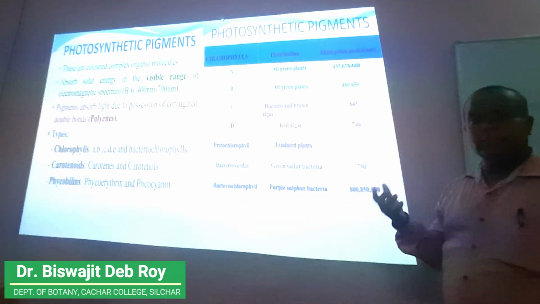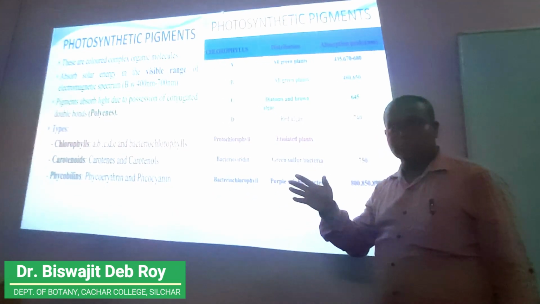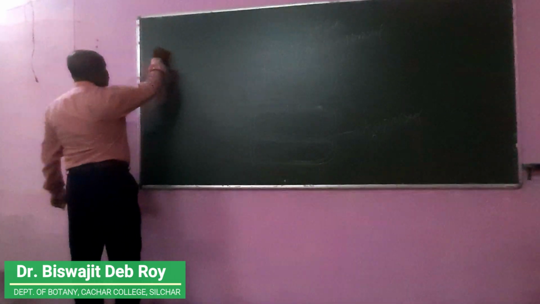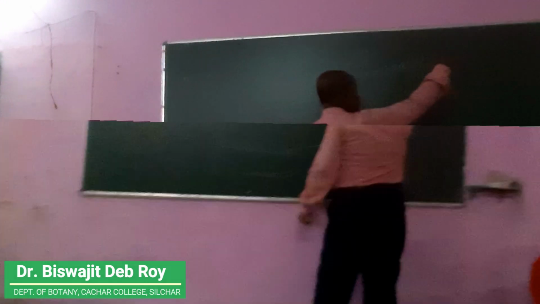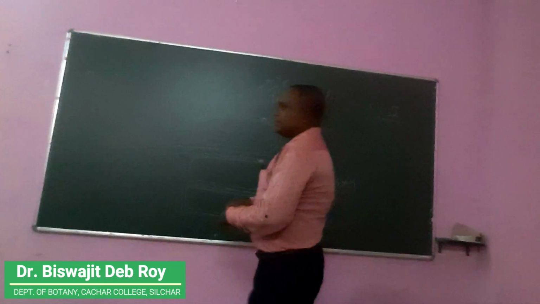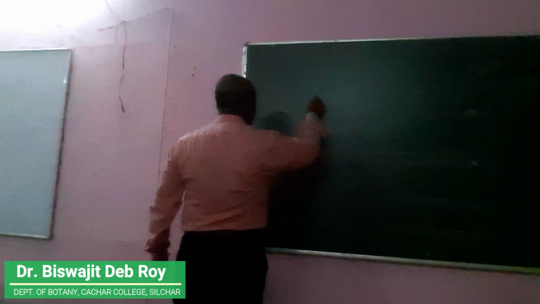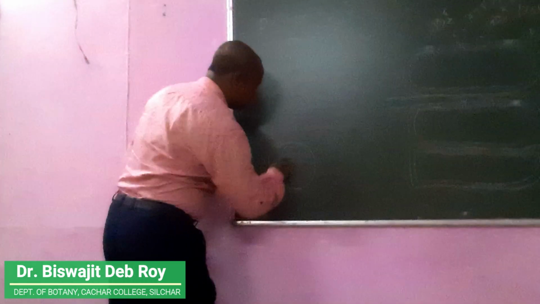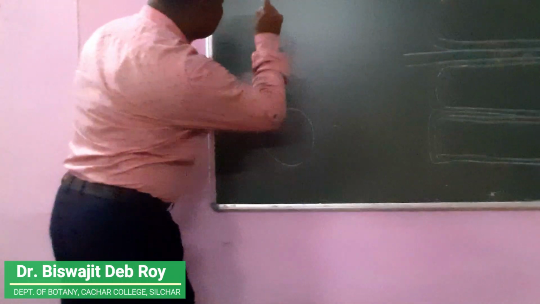Now there are broadly two photosystems: photosystem 1 and photosystem 2, PS1 and PS2. So what is the structure? These PS1 and PS2 are aggregations of photosynthetic pigments and proteins. They have a reaction center. Say this is PS1.